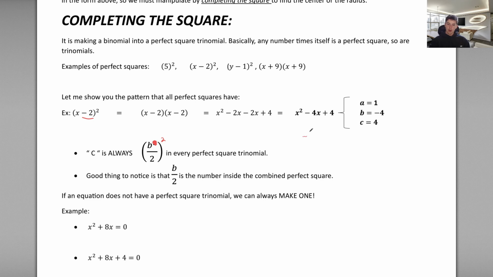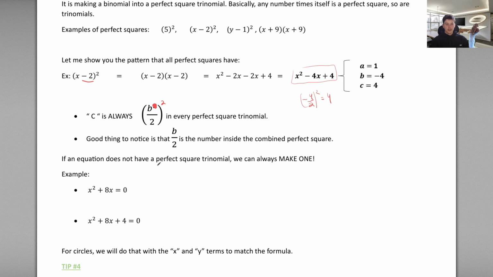So negative 4 over 2 squared equals 4. So as you can see, this is a perfect square, and of course we know that because the example was derived from a perfect square. So b over 2, which is negative 4 over 2, is the number right here inside the perfect square.